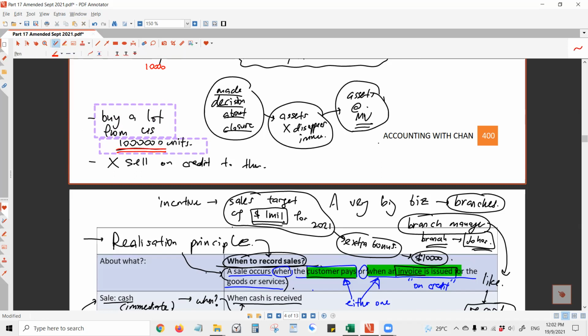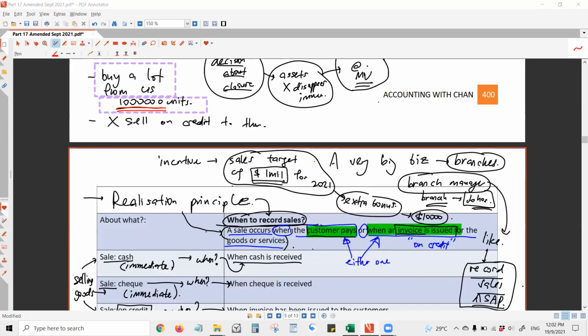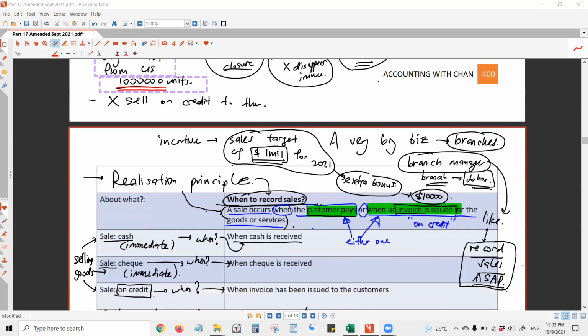If we don't sell goods on credit to them and instead demand immediate payment, they may go away and buy from somebody else. That's why we sell goods on credit. You get what I mean? Is that your question? Have I answered?